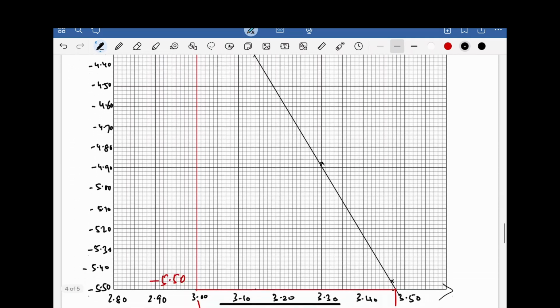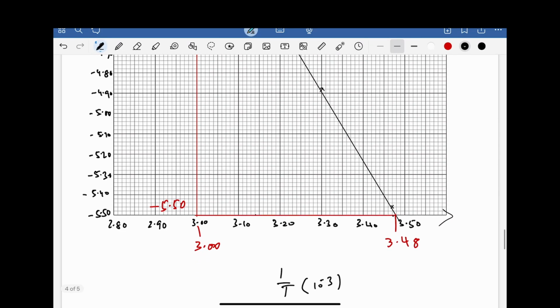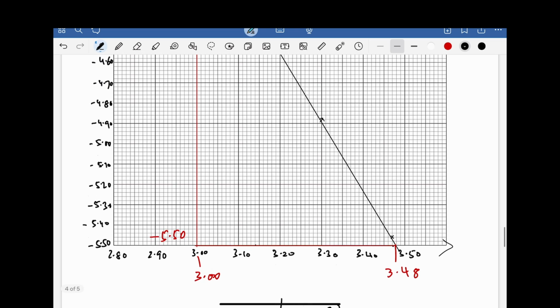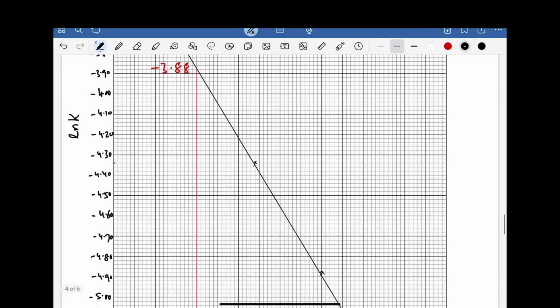On the x-axis, we have 1 over T. Careful, there is 10 to the power minus 3, so when you do the calculation, you need to include that as well. And then I have drawn the triangle to find delta y. Delta y will be equal to y2 minus y1, and delta x will be equal to x2 minus x1.